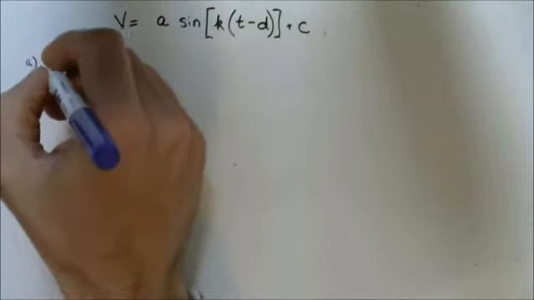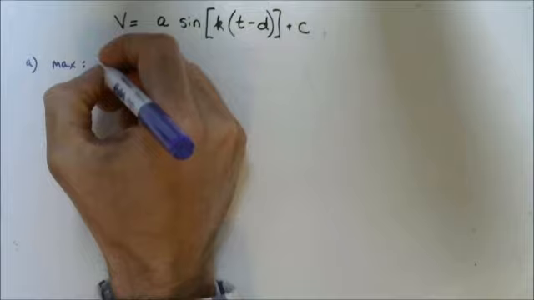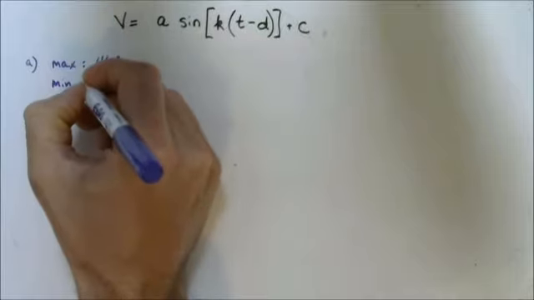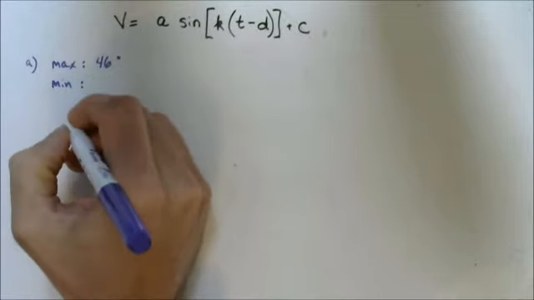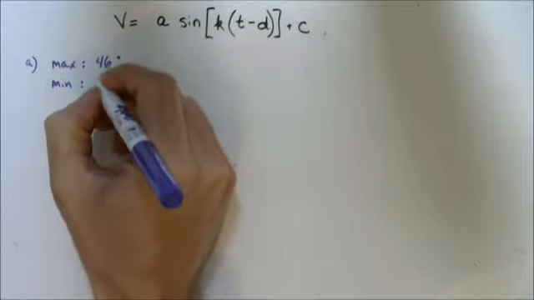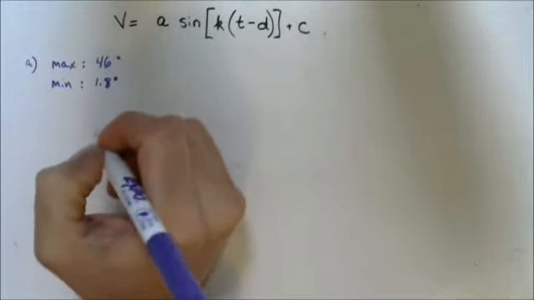So the maximum hits at 46 degrees. That's in the 13th hour, 46 degrees. And we'll also check where our minimum is. The minimum angle is at the first hour, which is 1.8 degrees.